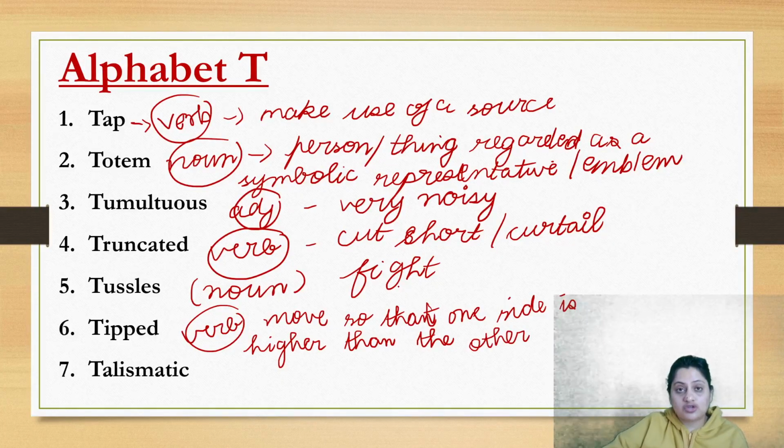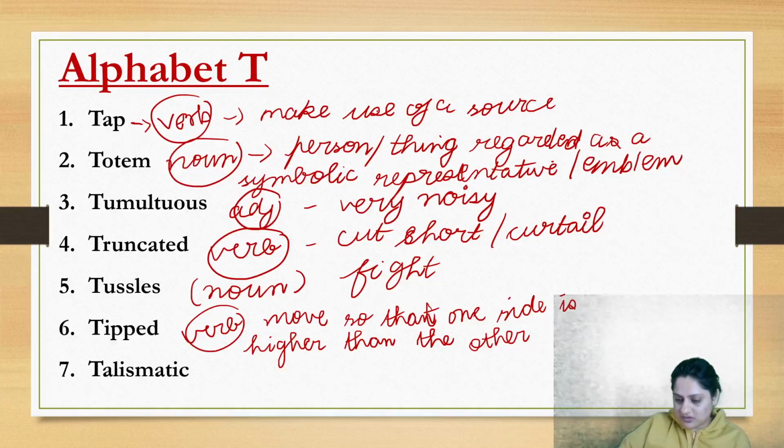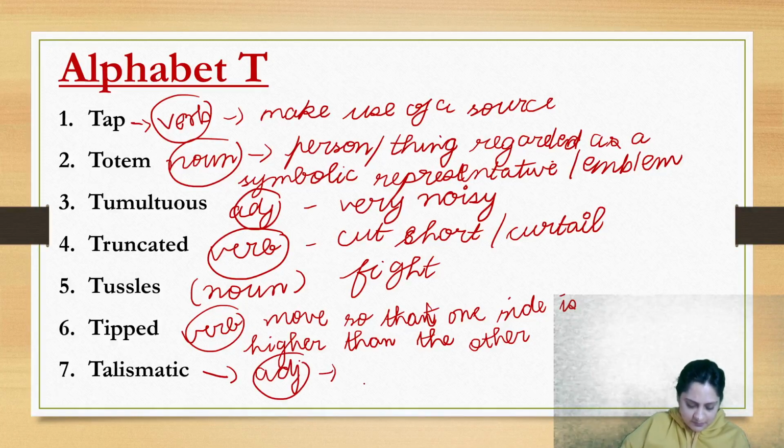When I stood up, the bench tipped up and the person on the other end fell. Suppose there is a bench, two persons sitting on both sides, and I stood up, so the other side becomes higher. Basically the balance is removed, the person falls off. It is tipped. Anyways, talismanic is an adjective, guys, meaning something producing apparently magical effect.